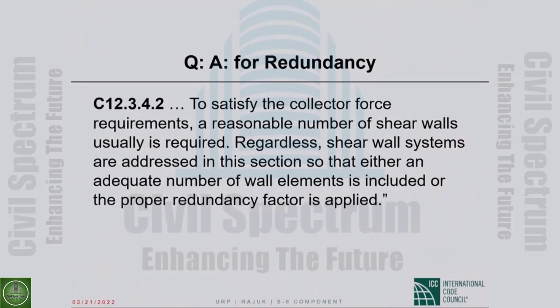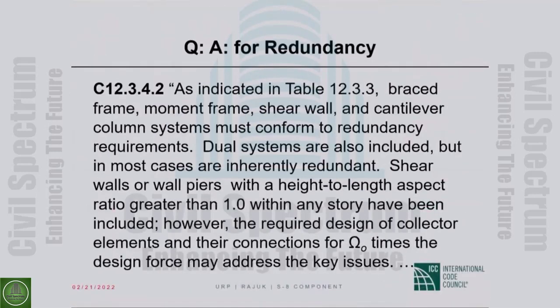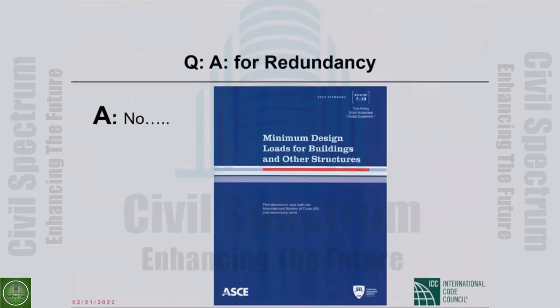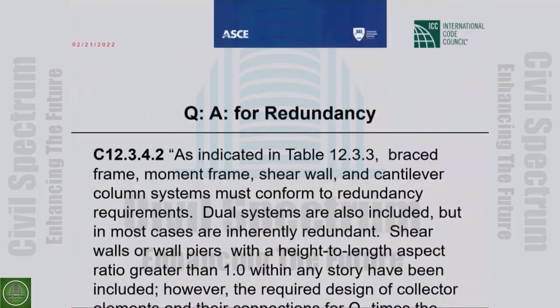So for dual systems also, redundancy can be 1 or 1.3. You cannot just take it equal to 1. Dual systems are not listed in that front segment when I say rho can be taken equal to 1 for so many things.